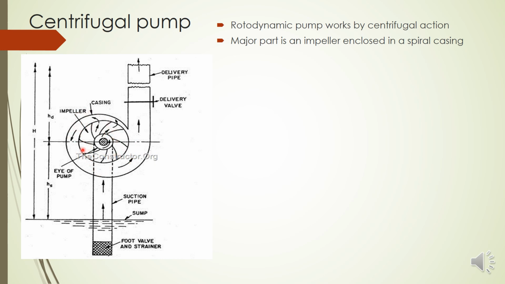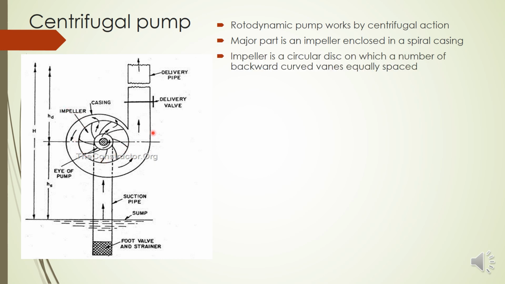This central circular disc is known as the impeller. The impeller is nothing but a circular disc on which curved vanes, backward curved vanes, are spaced on the periphery of that circular disc. So this is the impeller of this centrifugal pump. It has curved vanes at the periphery of that disc, which are at equal distance.